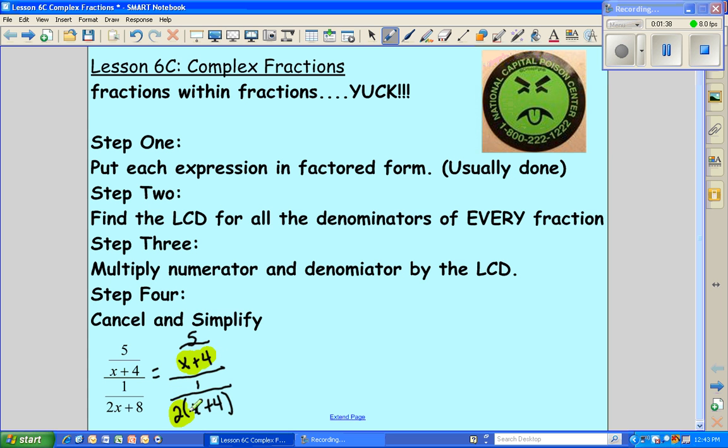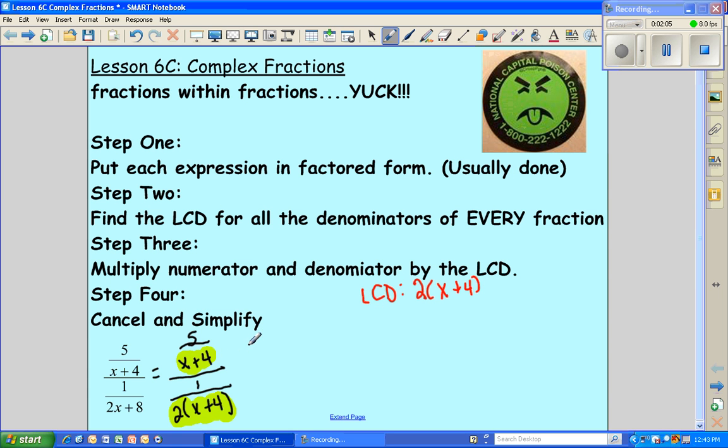We have x plus 4 in this one, and 2 times x plus 4 in this one, and come up with our LCD. So between those two, I would say the least common denominator is going to be 2 times x plus 4. Because you want to make sure you include everyone, but you don't have to repeat it. Like, since there's an x plus 4 here, you don't have to write it twice.